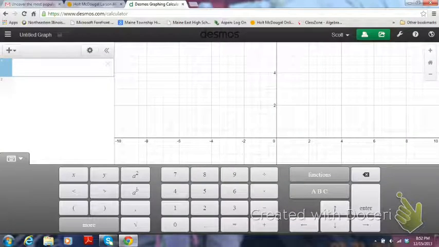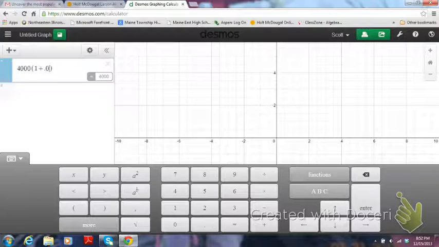Now I'm in Desmos, and I'll show you 2 ways of doing this. I'm going to type in the whole equation first. I'm going to put in 4,000, and then in parentheses we're going to do 1 plus, oops, not 1 divided by, 1 plus the quotient of 0.0292 divided by 4.